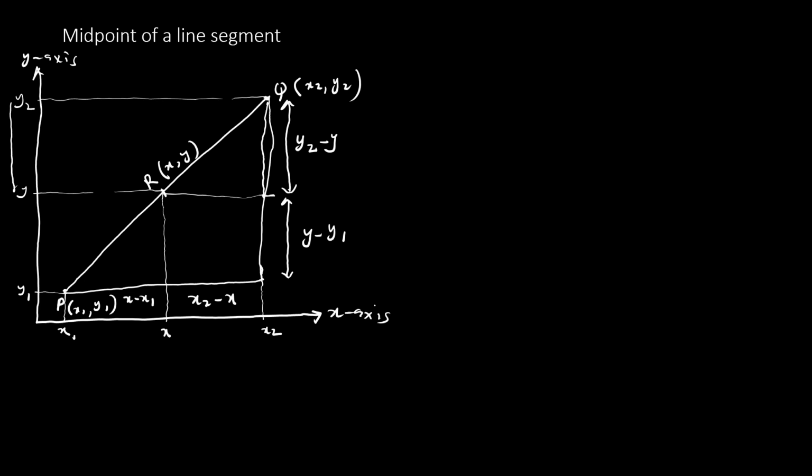Let's name this point S and this point T. If you look at this triangle, the inner triangle PRS is similar to the bigger triangle PQT. So let's look at this very well. Triangle PRS is similar to triangle PQT.